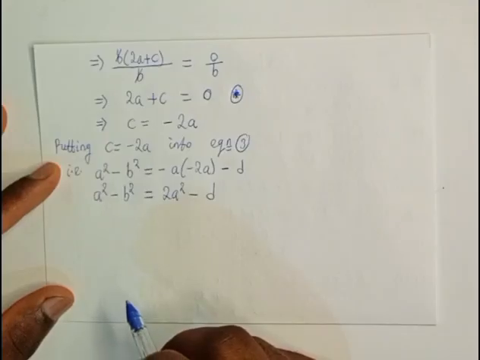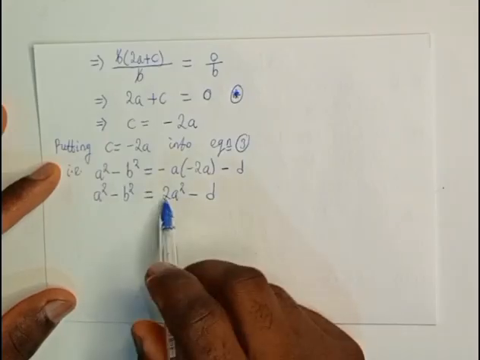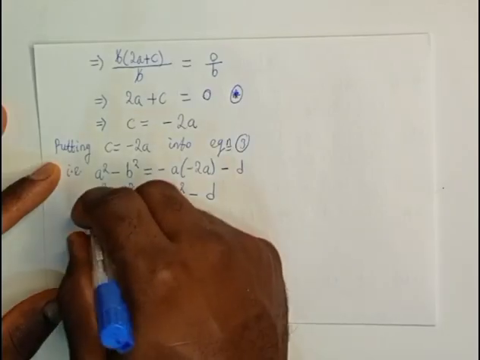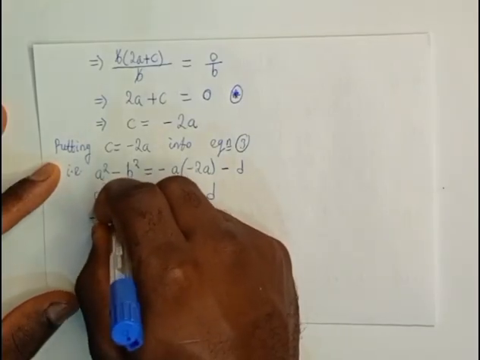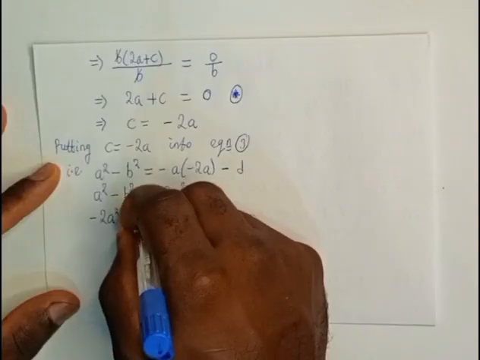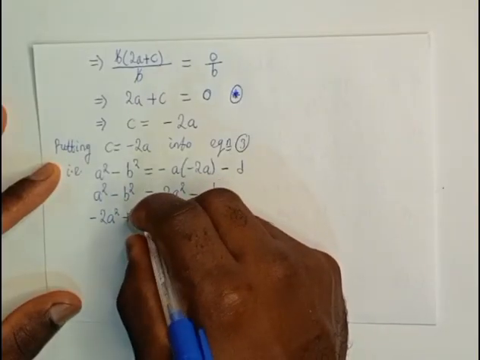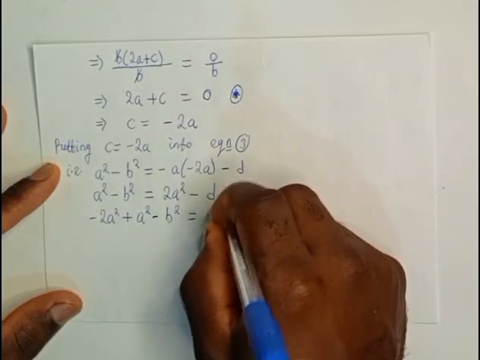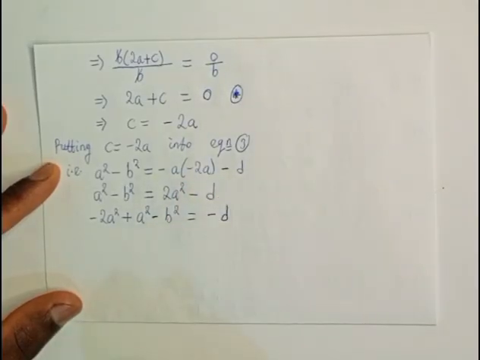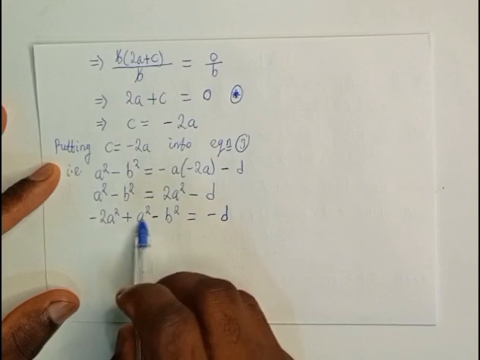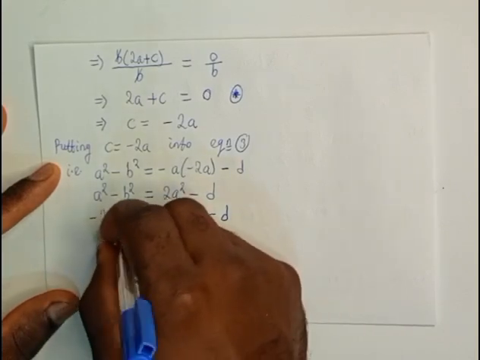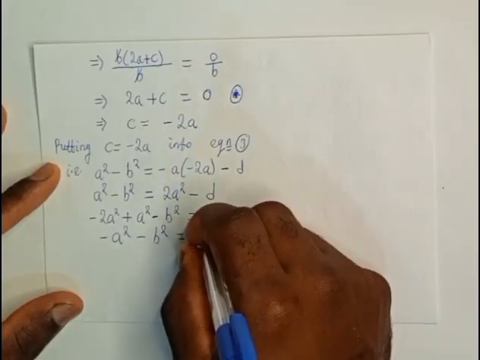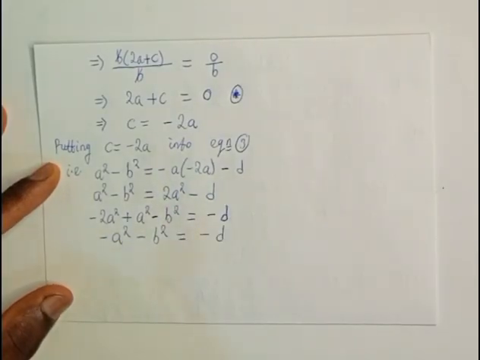Next, we are going to transfer 2a squared to the left hand side. This will give us negative 2a squared plus a squared minus b squared is equal to negative d. Negative 2a squared plus a squared gives us negative a squared minus b squared is equal to negative d.